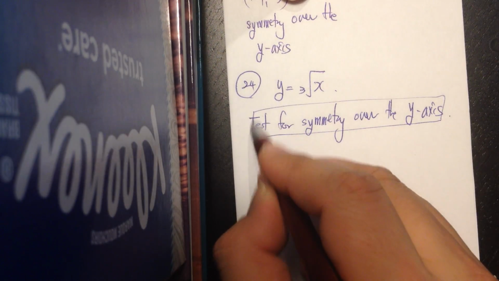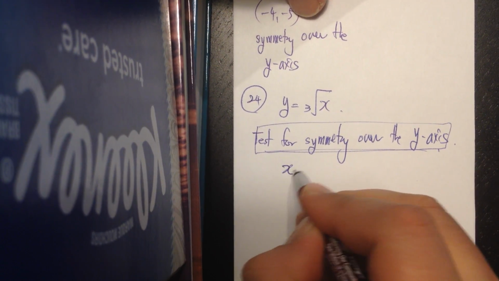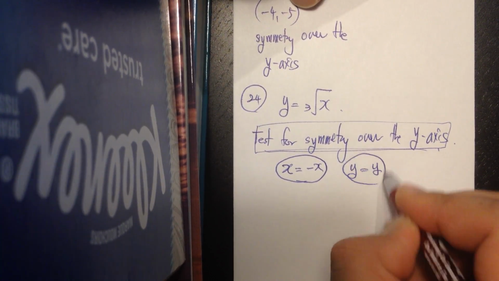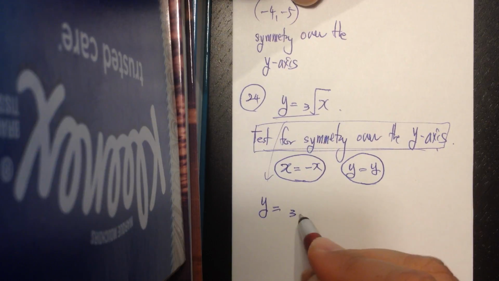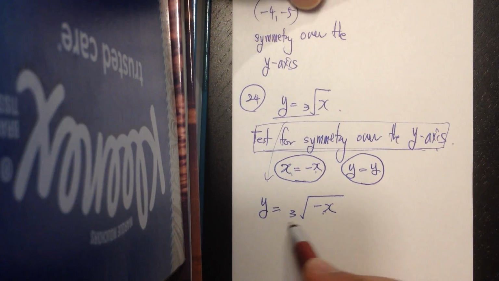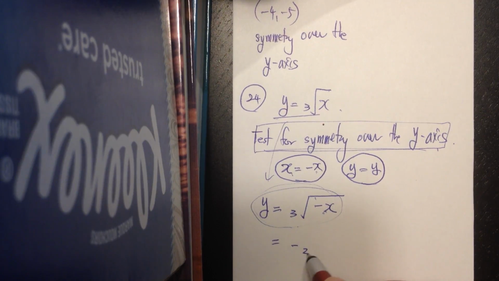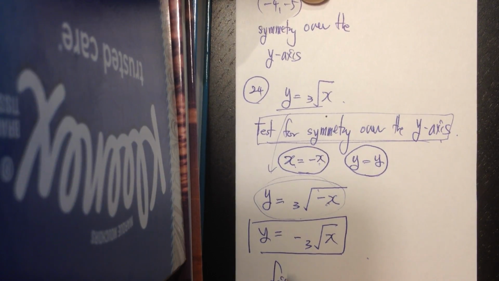This really means x has got to be -x. However, y is just the y. So in other words, what you're going to do here is, instead of x, you're going to put -x and hope that it's going to be the same as the original function. Unfortunately, this is not the same as the original function. So therefore, you could say it fails the test.